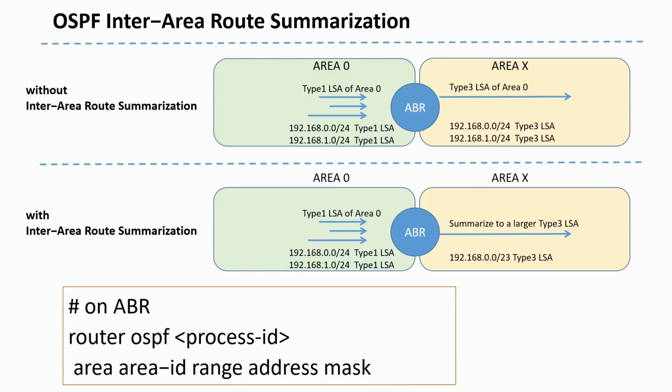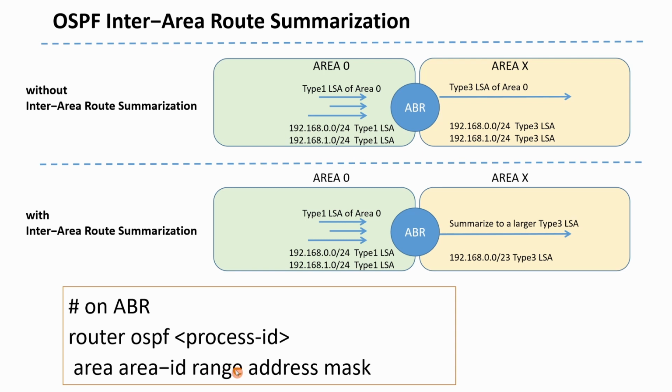The command to configure the inter-area route summary is below. This command is for Cisco routers. The command here is router ospf process ID, and then area, the area ID. For this case above, the area ID should be 0.